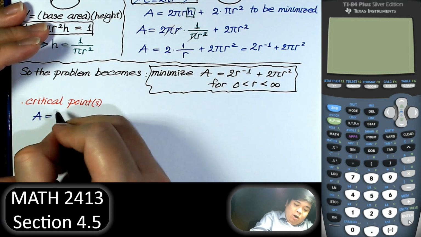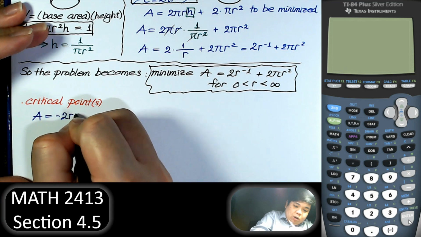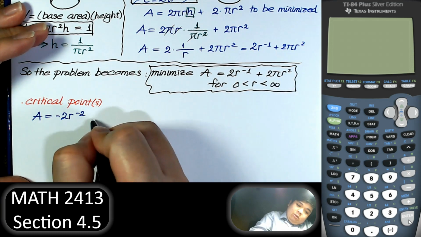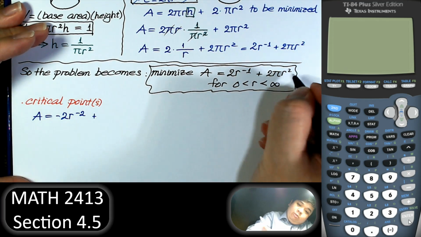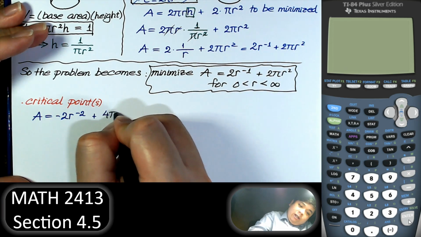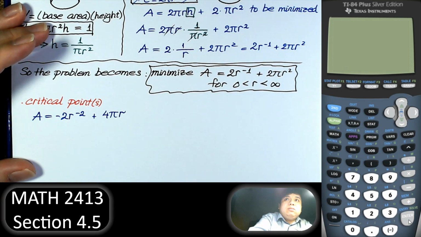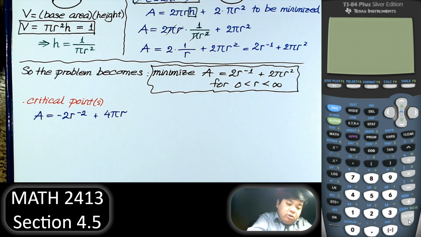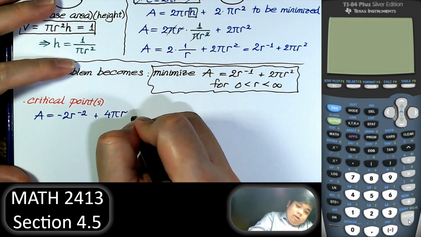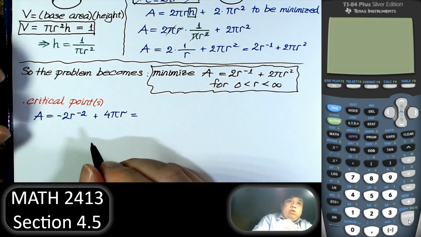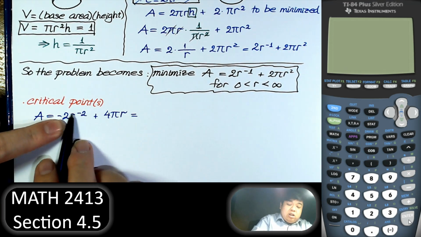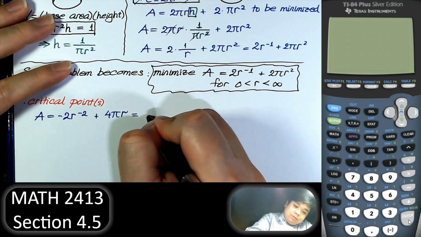Take down the negative 1 to have negative 2, r to the negative 2, and the derivative of this plus 2 pi r squared, take down the 2, gives us 4 pi r. Yeah, pi is a constant. Right, now in order to find where this is equal to 0, we have r to the negative 2.